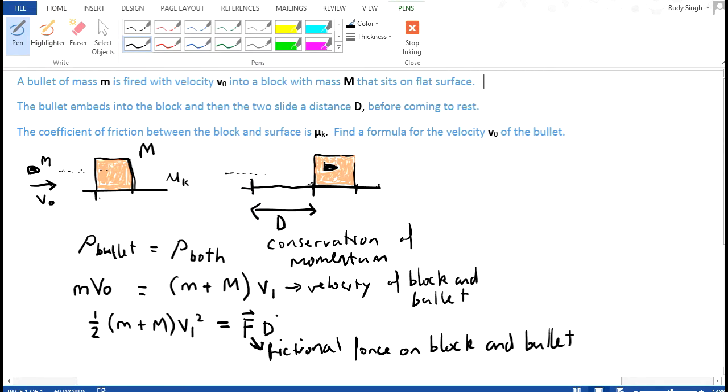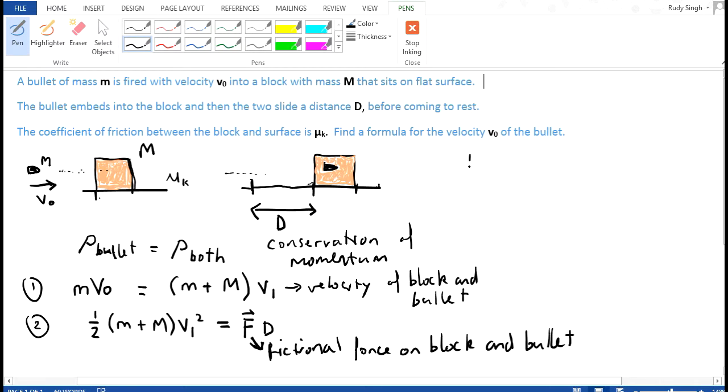Okay, so we know this is true. So we can work backwards. We want to get back to, let's call it equation 1. And we know something from equation 2. From equation 2 we can find v1. But we need to know what this frictional force is.